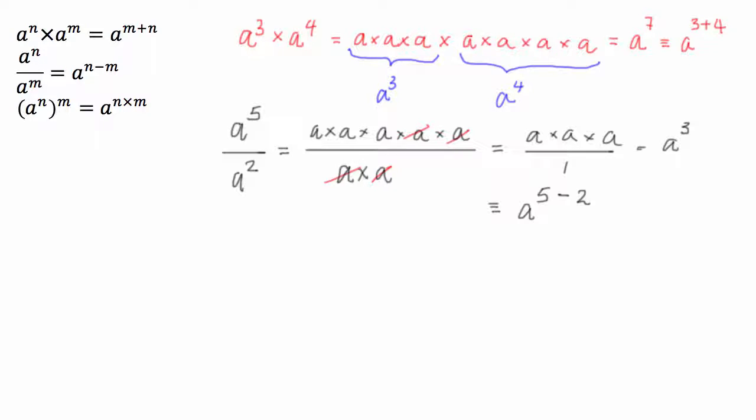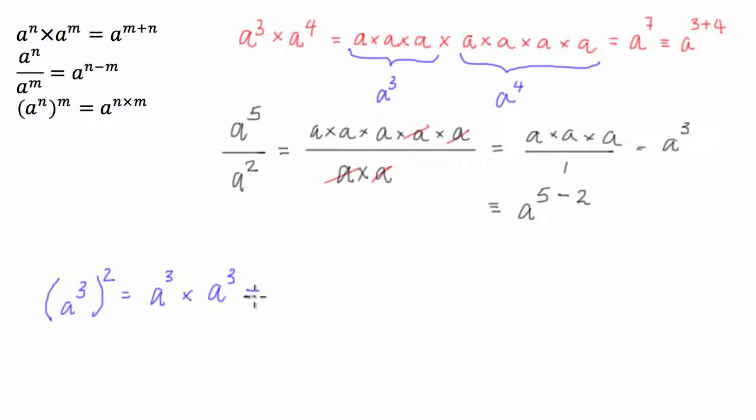Now, finally, let's do this last one. We've got a to the power of n all to the power of m. So what we're going to do here is go a to the power of 3 all to the power of 2. So this is equal to a to the power of 3 times a to the power of 3, because if we square it, it means we times it by itself once, so there's 2 of them.